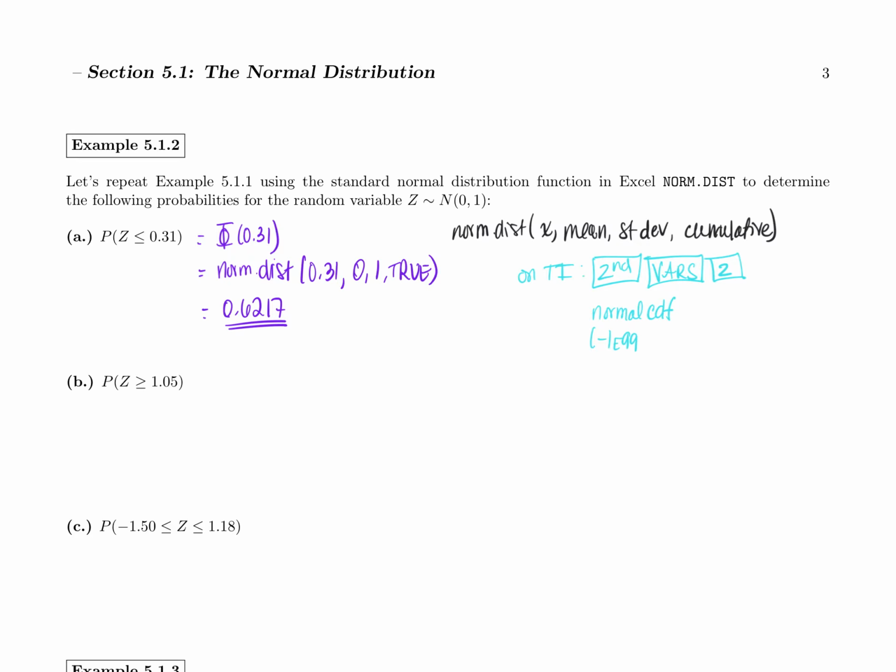You put your lower bound, and because we want less than, this is the left tail, so we go from negative infinity to our upper end, which is x equals 0.31. Our mean is 0 and our standard deviation is 1. Essentially, this is what it's giving us, and we will also get the exact same results.